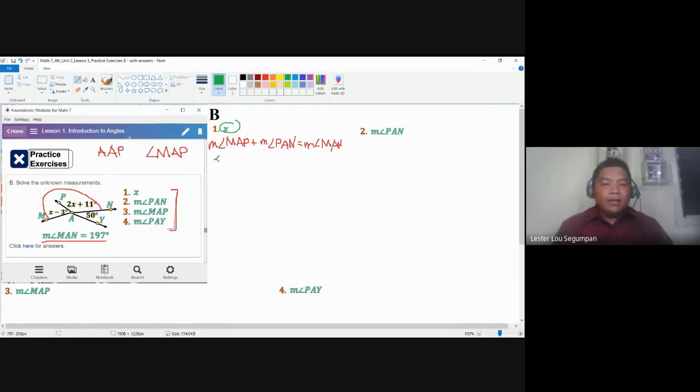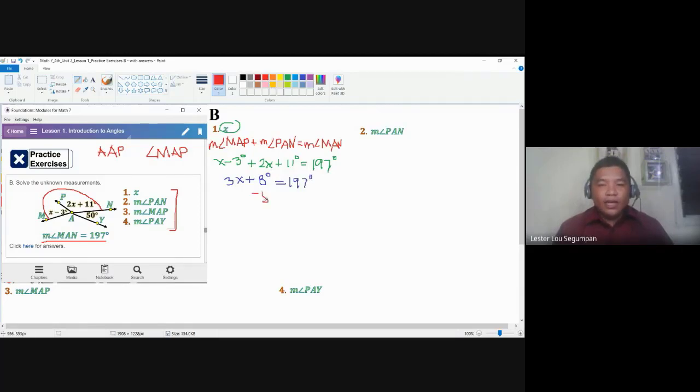Measurement of angle MAP is x minus 3 degrees plus measurement of angle PAN is 2x plus 11 degrees. Their sum is equal to the given 197 degrees. To solve for x, we simply need to use the different properties of equality. First, combination of terms. You have 3x. Negative 3 plus 11 is positive 8 degrees is equal to 197 degrees.